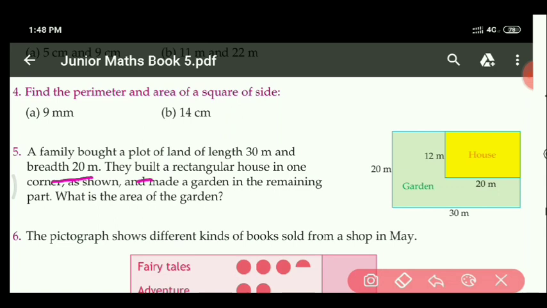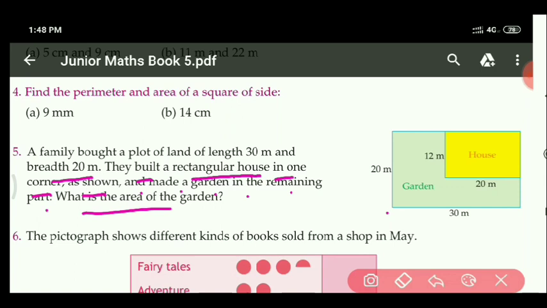They built a rectangular house in one corner, as shown in this figure, and made a garden in the remaining part. What is the area of the garden?